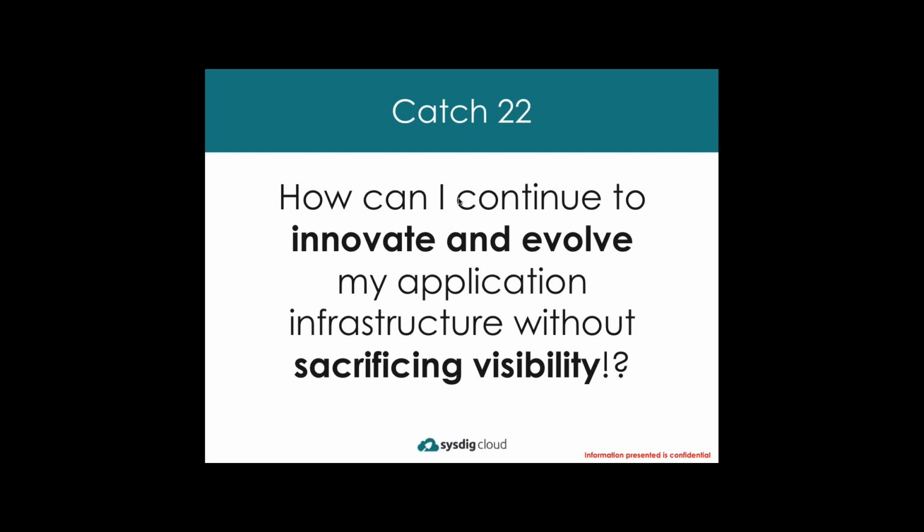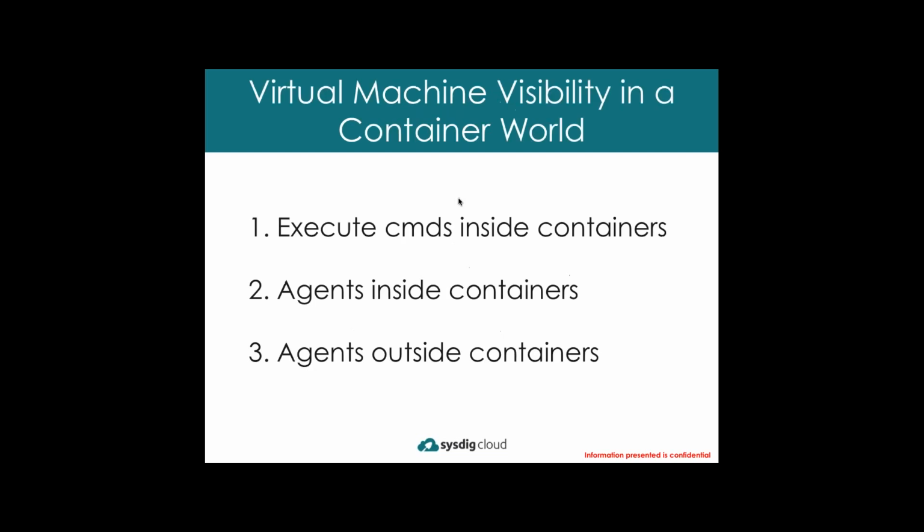So we started asking this question: how can we enable people to utilize these new technologies and evolve their infrastructures without sacrificing visibility? This is really the core of our mission and our vision as a company, and why we founded Sysdig. All the technology that we're developing is trying to address that challenge and help people solve it.